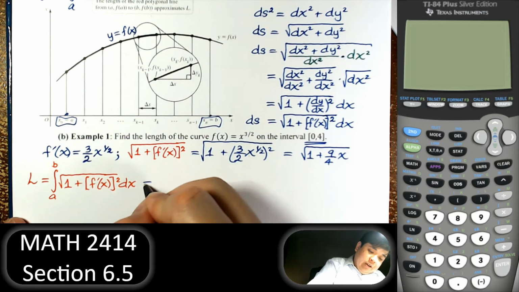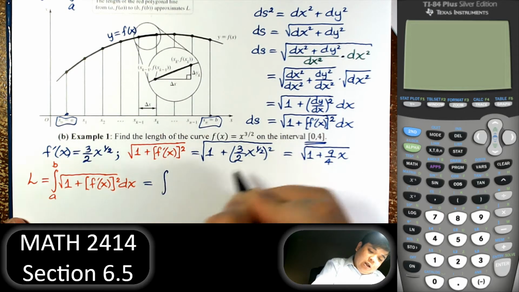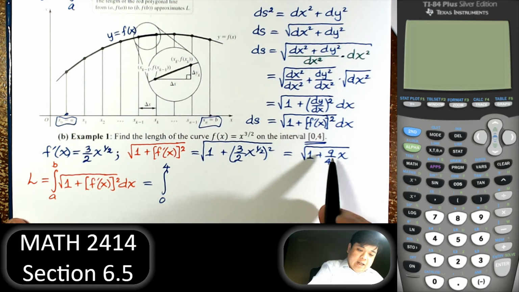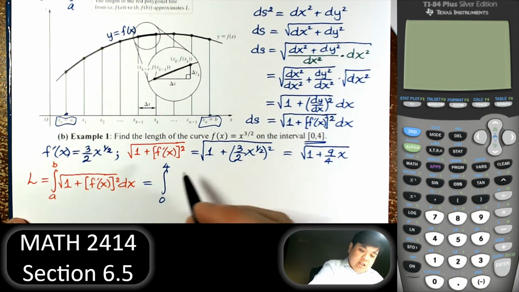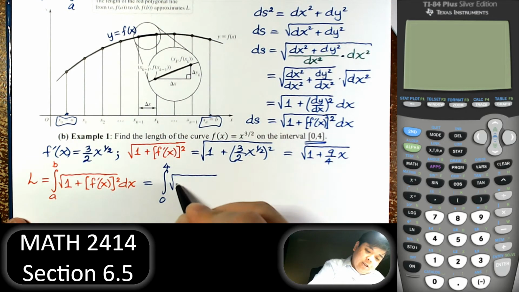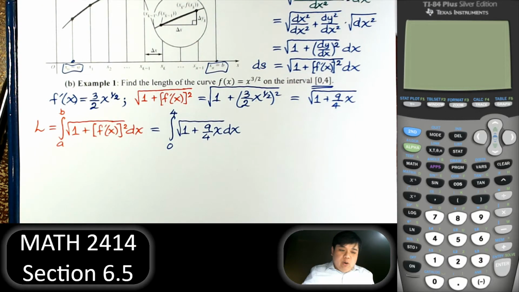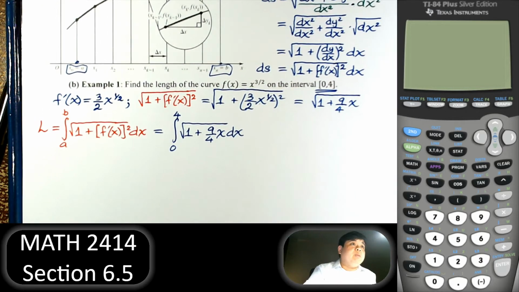Now we do have the limits going from 0 to 4, and that square root is this. Right, so just need to integrate this. Simple enough. In fact it is, but it's not that difficult to do, just a bit tedious.